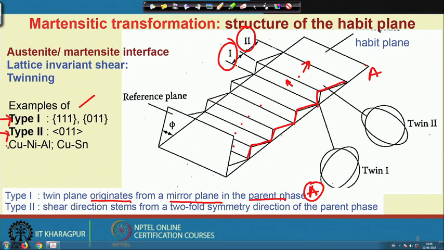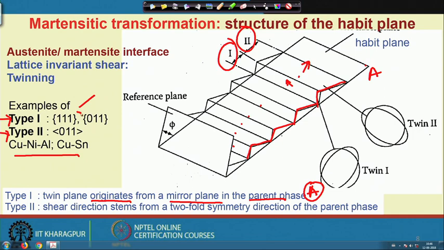There could be other types of twin also formed. I show you some examples in the copper-nickel-aluminum system and the copper-tin system. In the copper-nickel-aluminum system, the type 1 twin is from {111} or {011} and the type 2 twin is of {011} types.